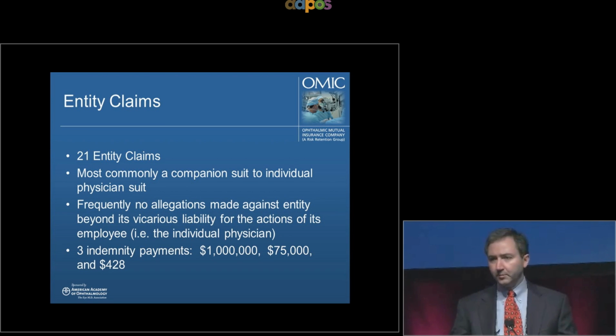In this first one that settled for $1 million, it had to do with an associate physician in the practice being on call for the emergency room. The emergency room called the associate physician, who said, we'll send them to the office in the morning, and the practice will see that patient. Well, the associate physician that took the call wasn't in the office the next day. He was either in another satellite or in surgery or somewhere else.